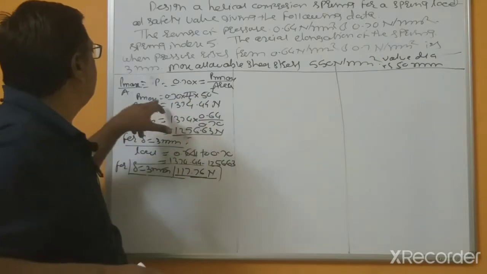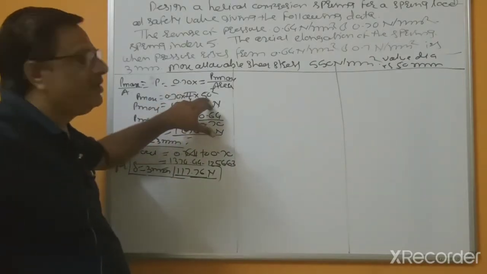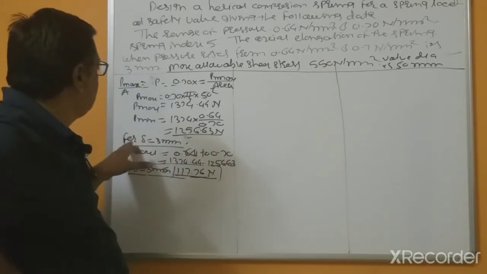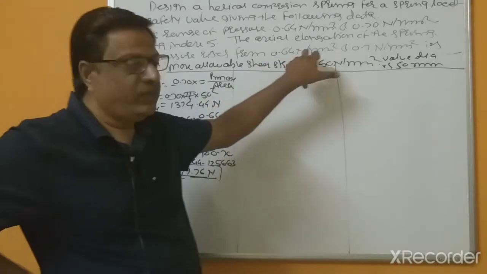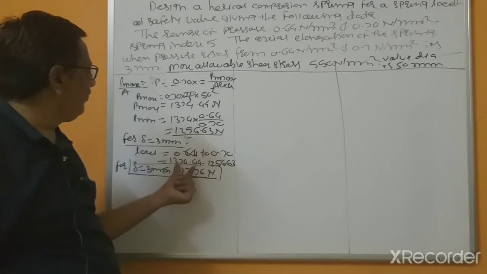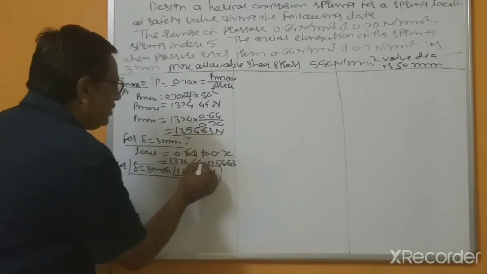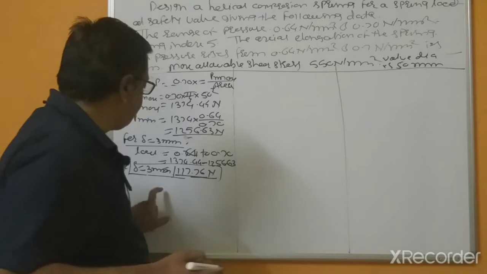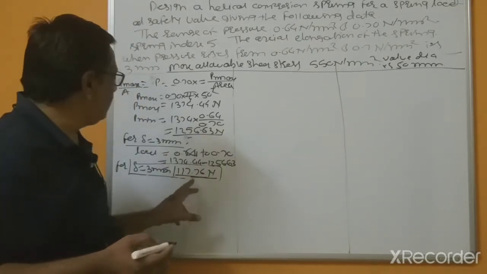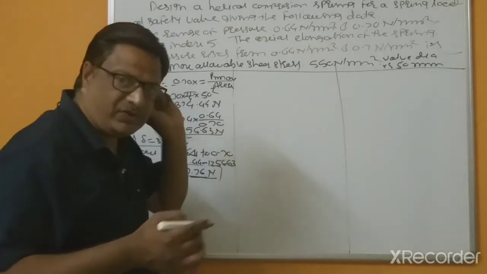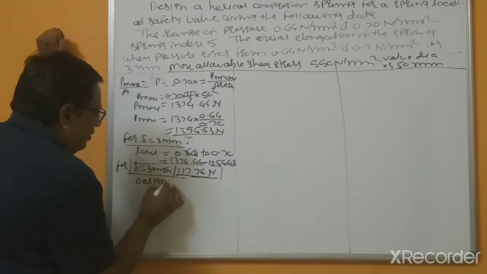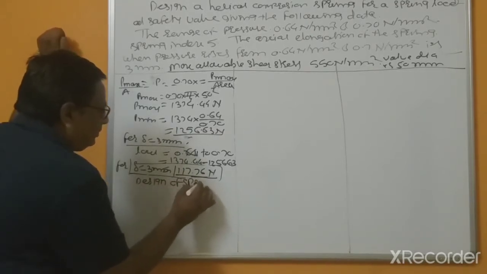Now for the delta of 3 mm, given as the deflection for this range, the load is the difference between the loads, which is 117.76. Now we can start the design of the spring.